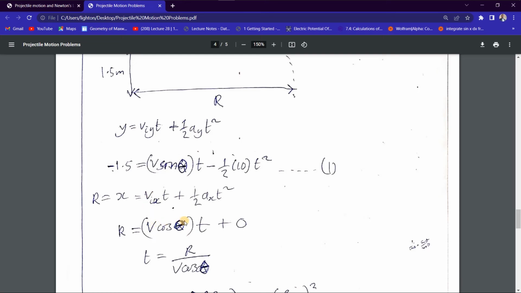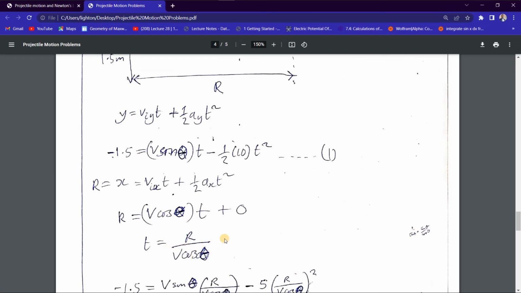So we say v cos theta times time plus 0. 0 is coming from this part here because a_x is 0. Now from here we can make t the subject of the formula, and we're going to have t is equal to R over v cos theta.